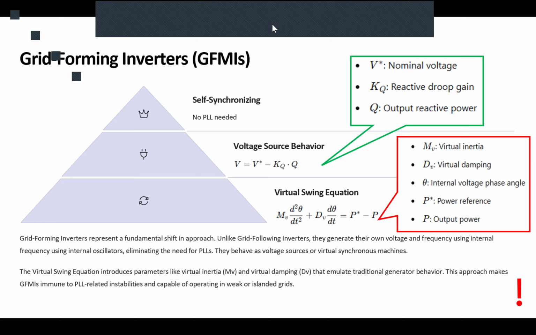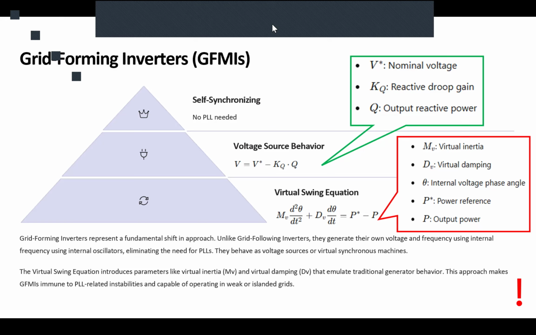Based on that logic, we could provide an equivalent of the swing equation of the rotary machine for the grid forming inverters. We call it a virtual swing equation, and it's exactly similar to the swing equation of the virtual machine. Here, the M, we call it MV, is not an actual physical inertia.